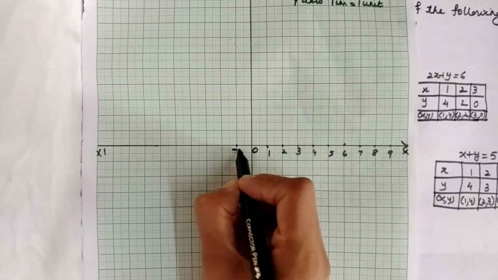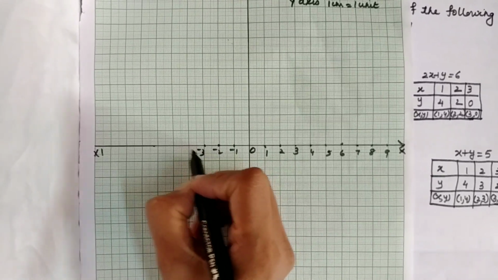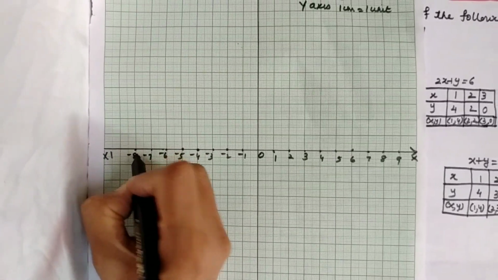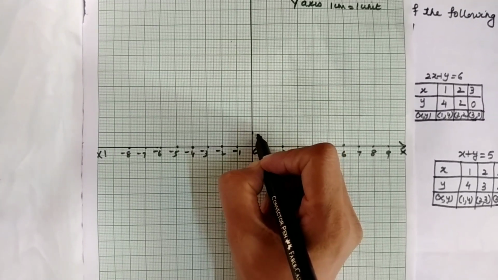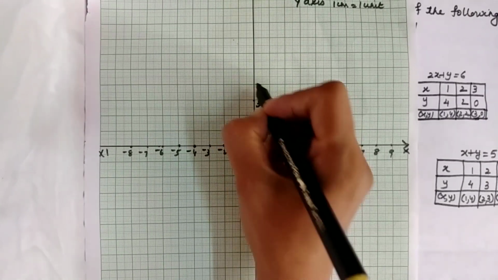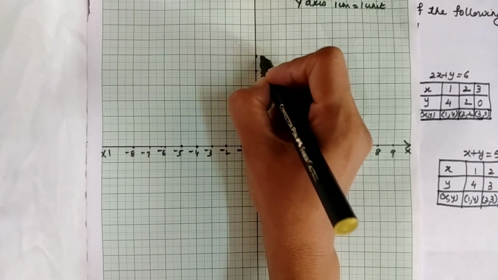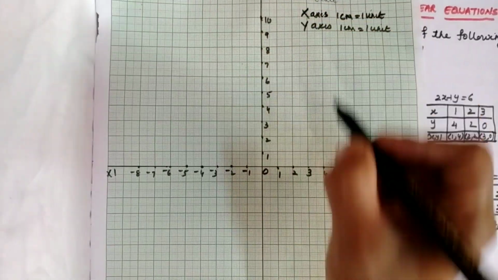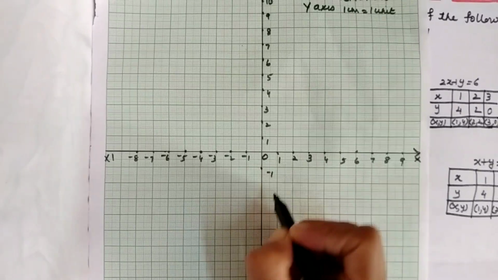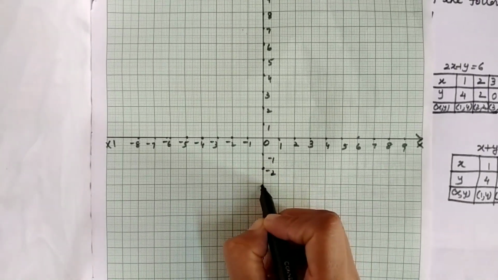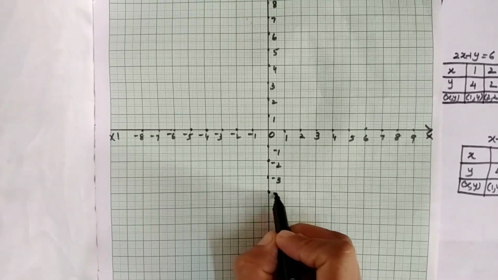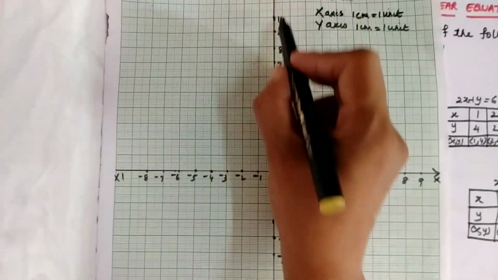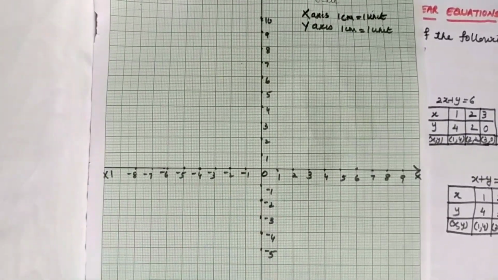On the left side negative -1, -2, -3, -4, -5, -6, -7, -8, and above here on the y-axis is positive 1, 2, 3, 4, 5, 6, 7, 8, 9, 10, and below negative values -1, -2, -3, -4, -5, etc. Now, so here this L shape is positive and the 7 shape is negative.